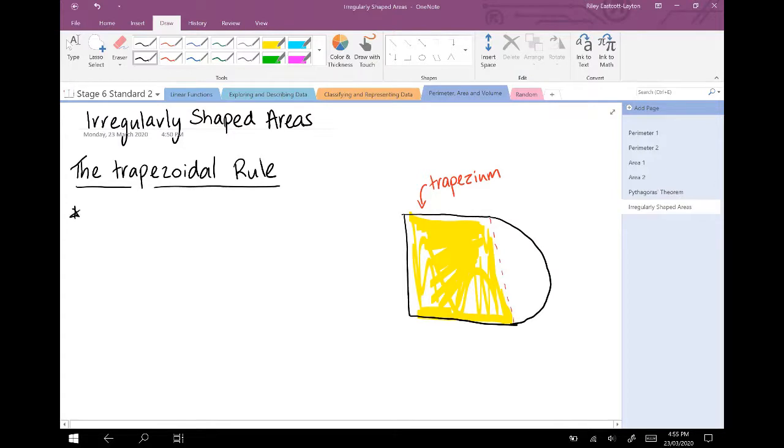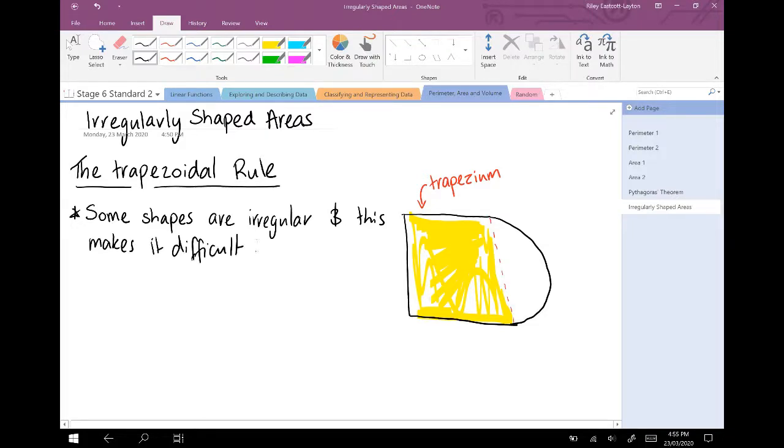So we'll start by jotting down a few notes. Some shapes are irregular, and this makes it difficult to find the area, and perimeter, because we're going to be looking at that a little bit too.